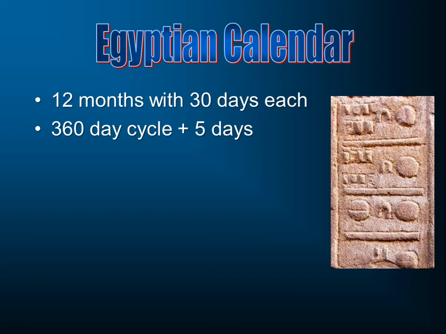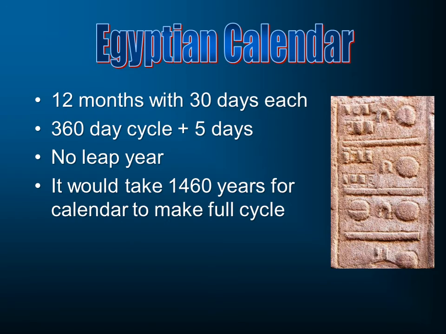Because a year is actually about a quarter day longer than that, and they knew that, but they didn't have the leap year. And that means that their calendar would be off one day every 4 years, and it would take 1,460 years for the calendar to make a full cycle where it would be back on track again.